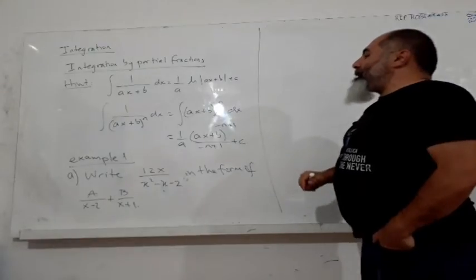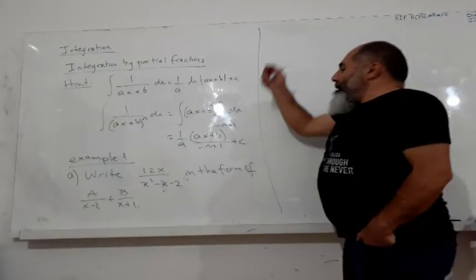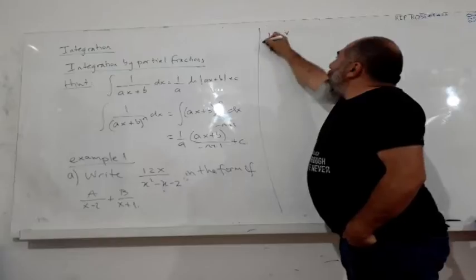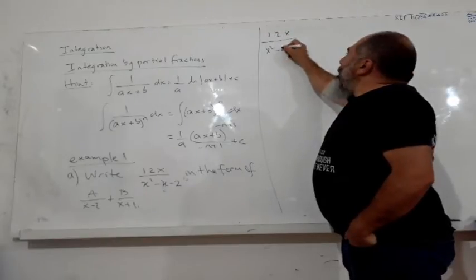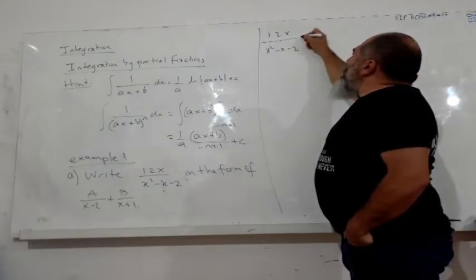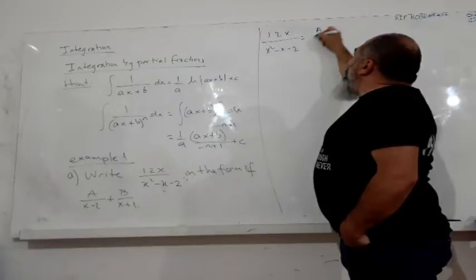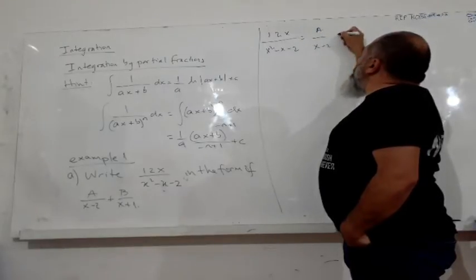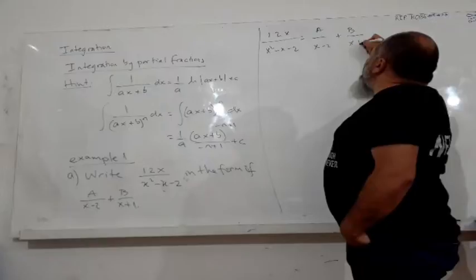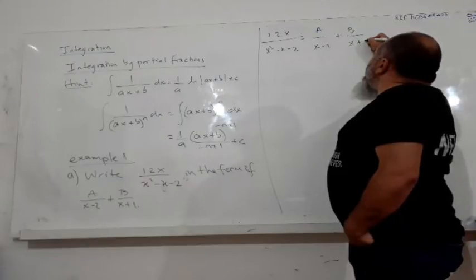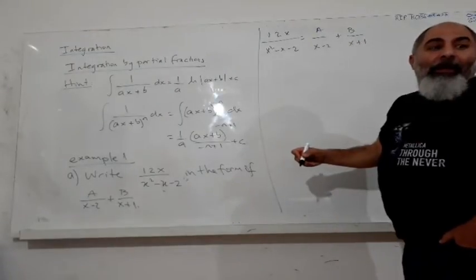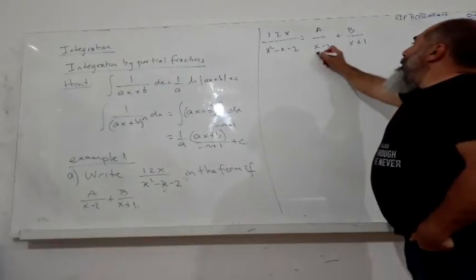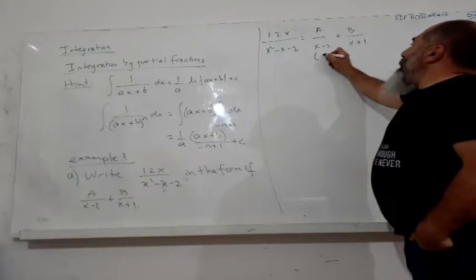12x over x squared minus x minus 2 is equal to a over x minus 2 plus b over x plus 1. So the first step is to equate the denominators. I am going to multiply that one by x plus 1, that one by x minus 2.